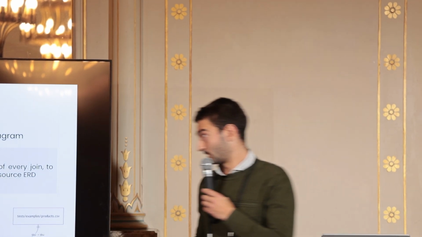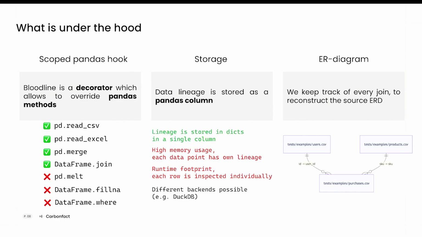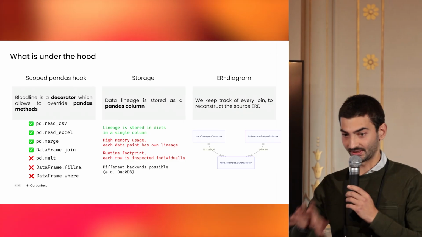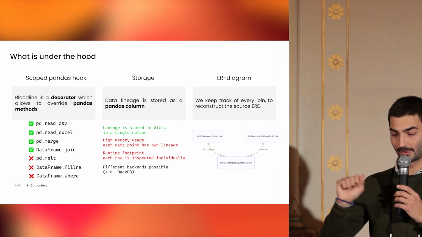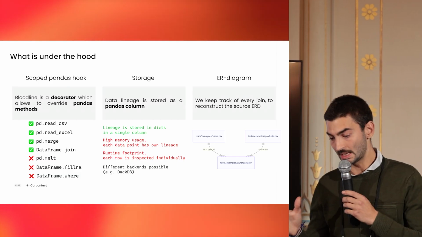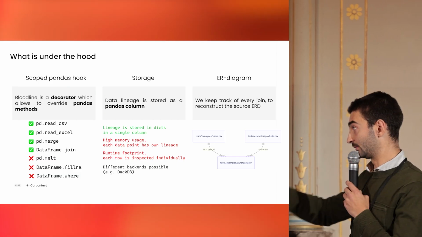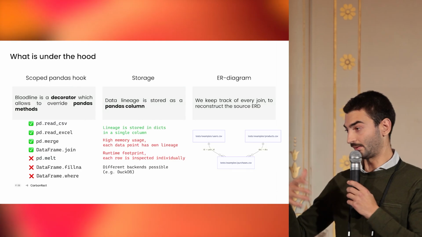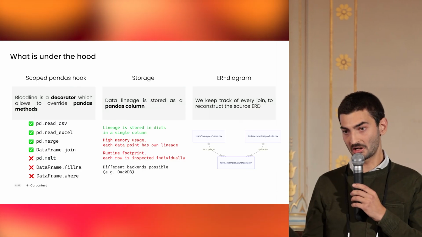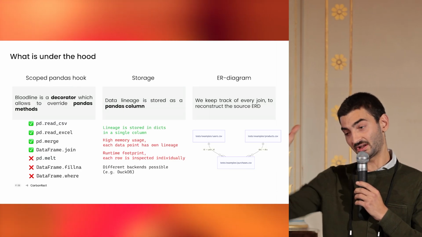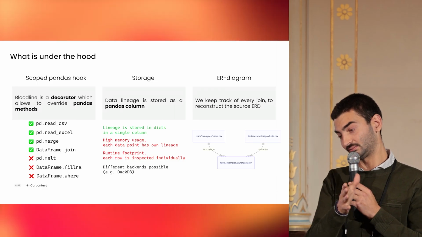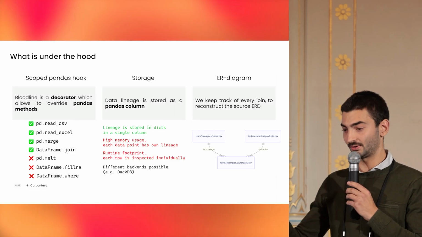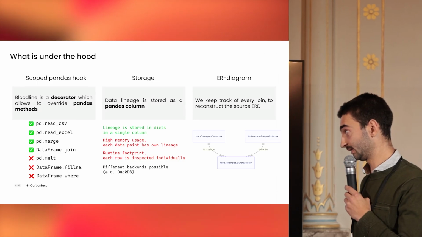So yeah, I was going maybe a bit under the hood to explain how we implemented the bloodline. So the first part is it's a scoped pandas hook. There were different strategies to implement bloodline. So really to replace all the pandas functions, you can either do a monkey patch, so basically every time the code says pandas.merge, you're going to replace it with a function I created.